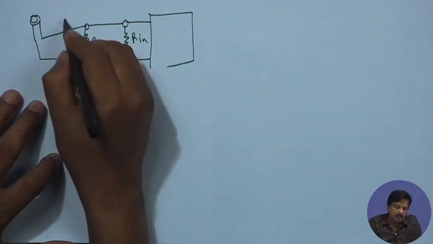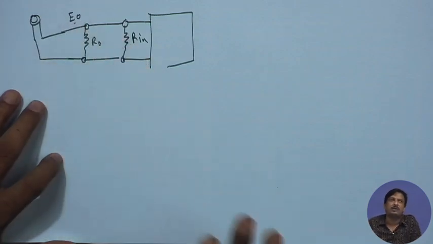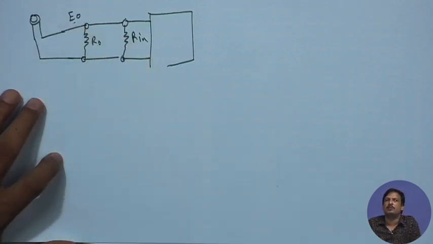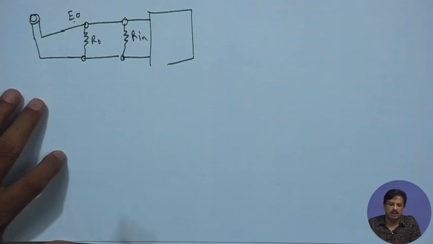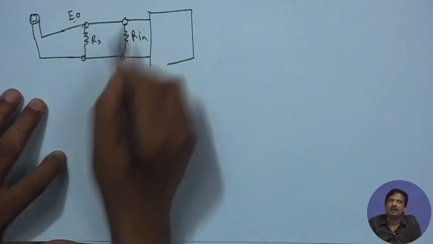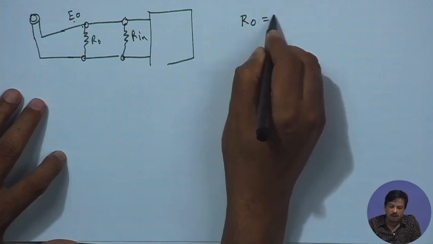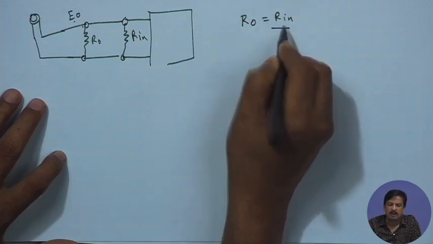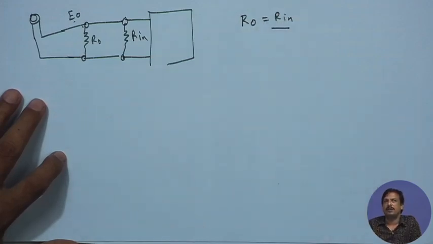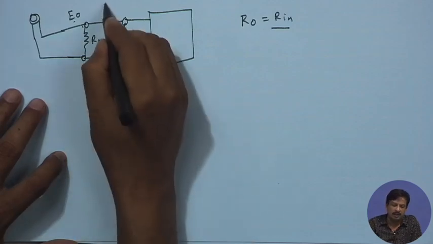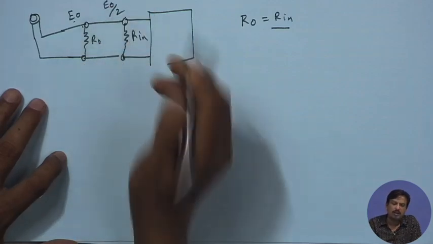Okay. So, if E0 is the voltage sensitivity of the microphone, that is, E0 voltage is produced by the microphone, then this E0 will be loaded here. Now, when R0 is equal to Rin, impedance match condition, then E0 will be dropped by half.